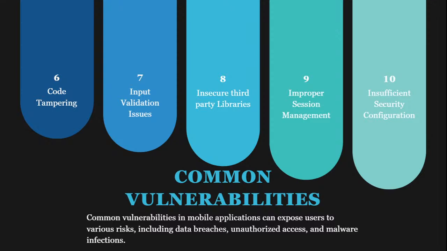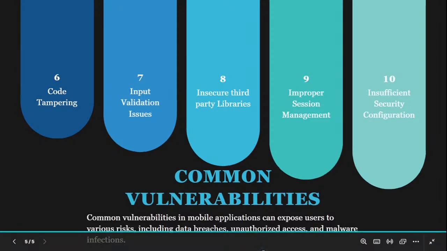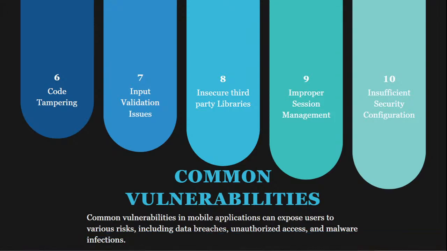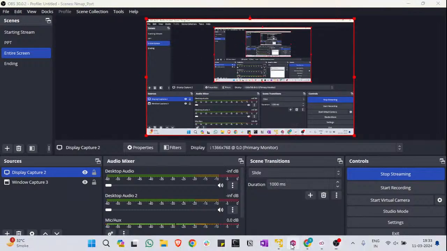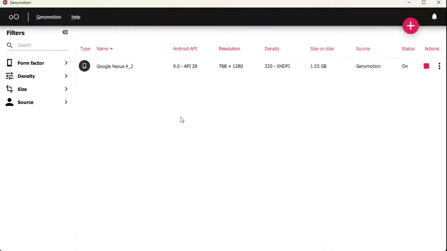Now let's talk about how you can check for these attacks that can take place. Over here, if you can see, I am using Genymotion.